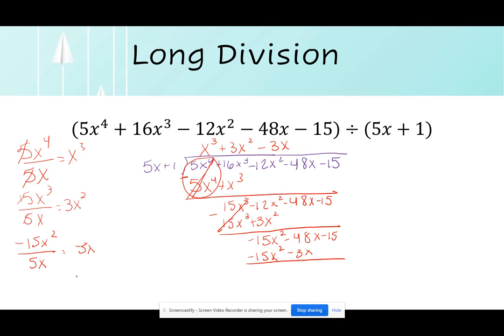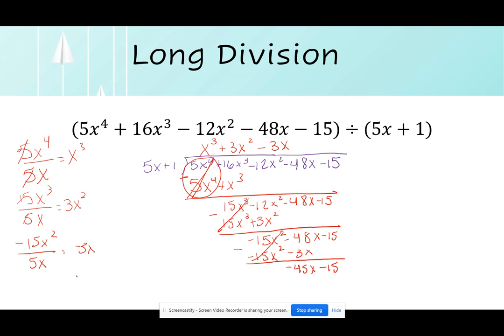So when we subtract, negative 15x squared plus 15x squared goes away. Negative 48x minus negative 3x, we're adding the 3x now. So we have negative 45x minus 15.